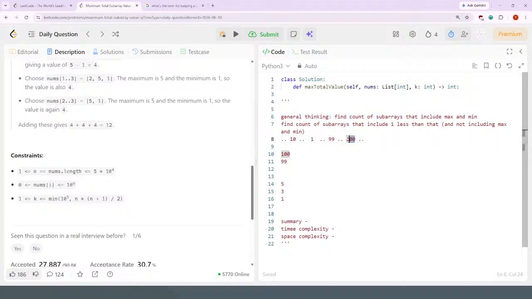And 100 extends to 1. The minimum has to be between those two. The range of the 1 needs to extend past where the 100 is. The range of the 100 needs to extend past where the 1 is.